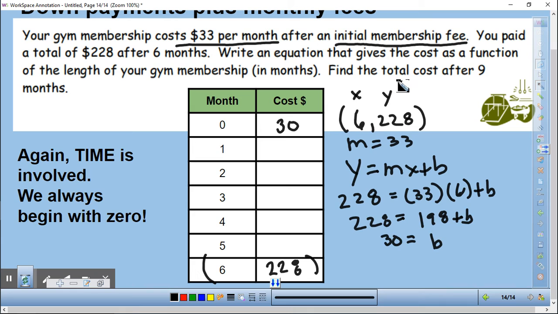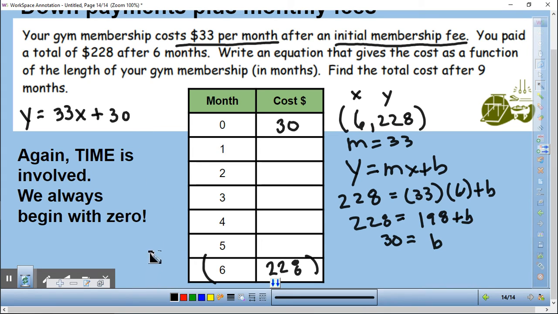Now I want to find the total cost after 9 months. Well, let's write my equation. I know my slope and my y-intercept, so I'll say y is equal to $33 per month plus the $30 where I start.